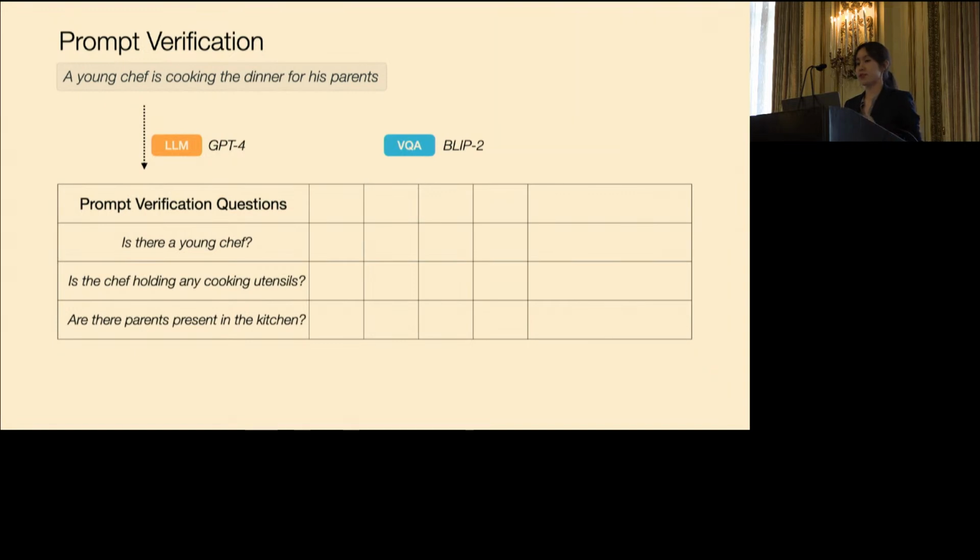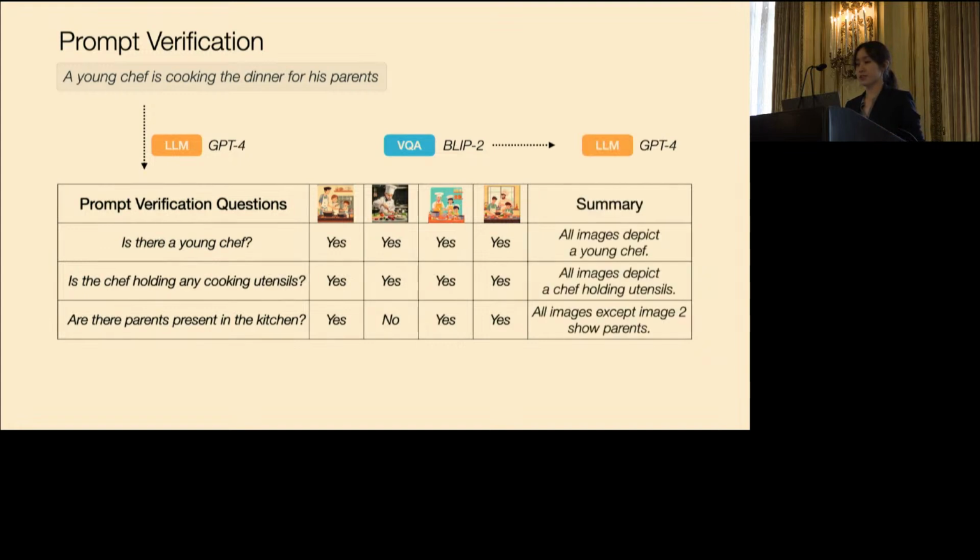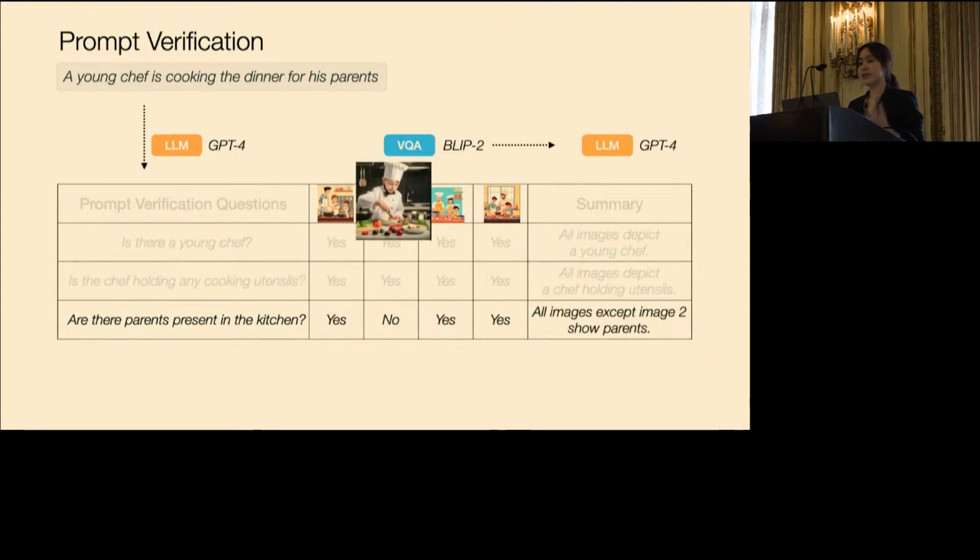Then we use BLIP-2, a visual question answering model, to generate answers to these images. Using GPT-4, we create the summary of the responses. And with this step, blind creators can notice that all images except the second image show parents in the image.